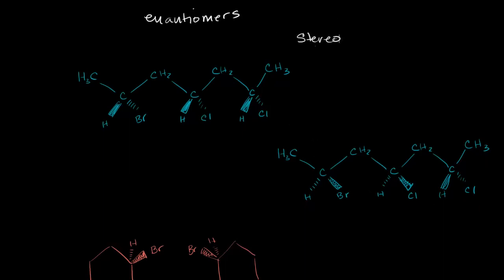Well, let's make sure they're not the same molecule first. Here hydrogen's in the front, there hydrogen's in the back. Here hydrogen is in the back, here hydrogen in the front. So they're not the same molecule. They have a different three-dimensional configuration, although the bond connections are the same. So these are stereoisomers.